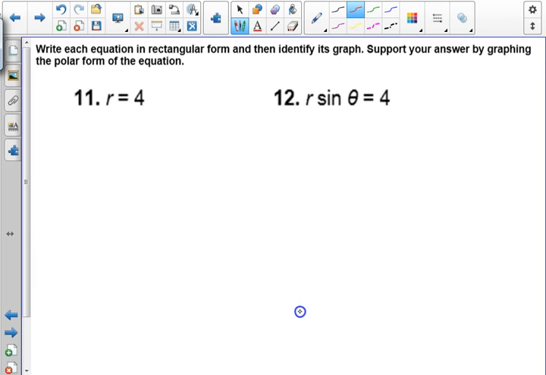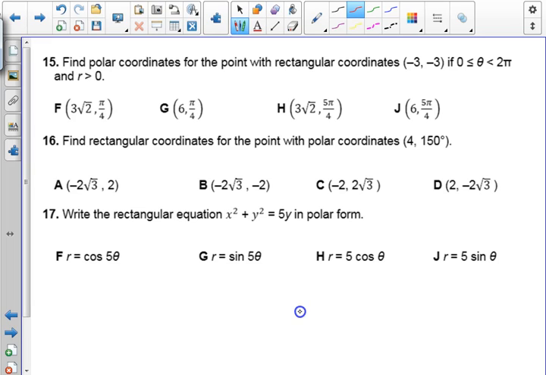So the next question I want us to talk about is all the way down at number 15. I want to give you a couple minutes to look at number 15 and figure out which choice. It is multiple choice, so think carefully.